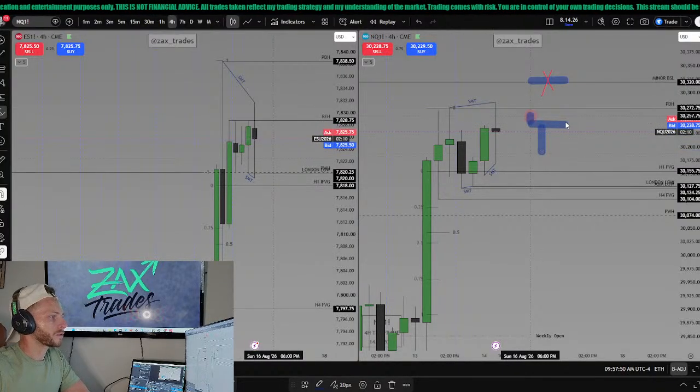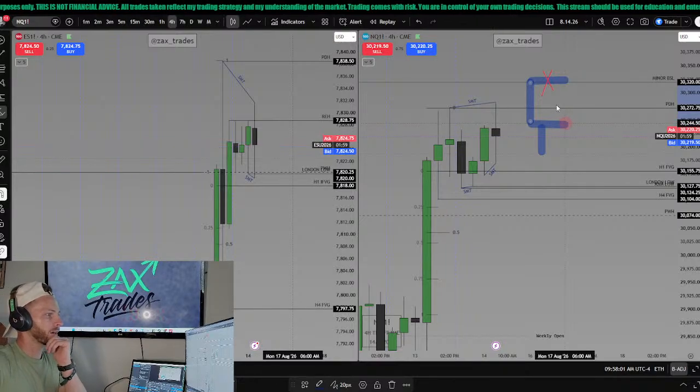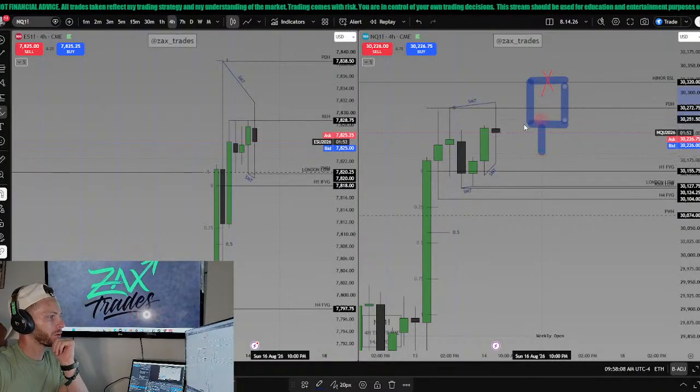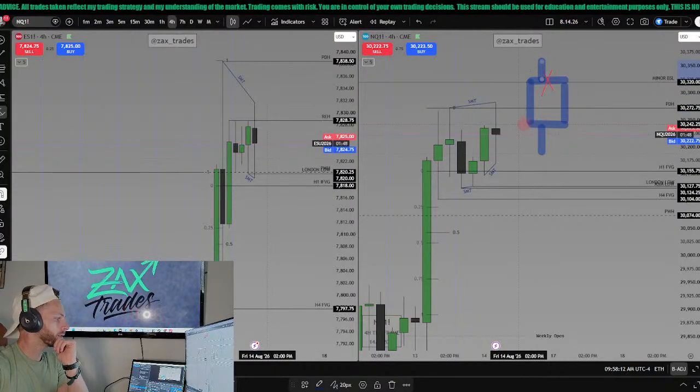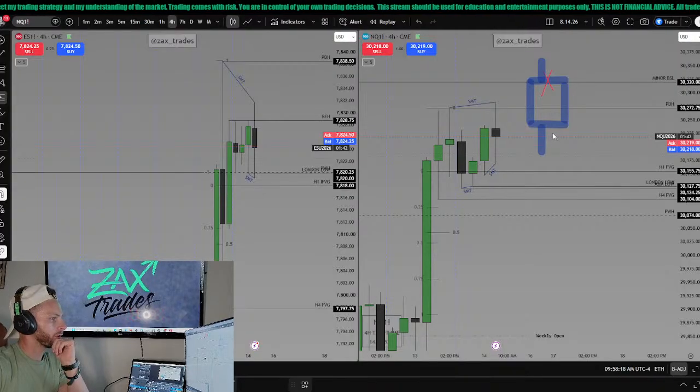So what I want to see off the open of the 4 hour candle, you can also do this at 11 a.m. on the 1 hour candle, the same exact concept. But if I'm looking for a 4 hour candle to form in the market and have some structure like that, and I know that I want to long off of the wick, I want to get long somewhere in here.